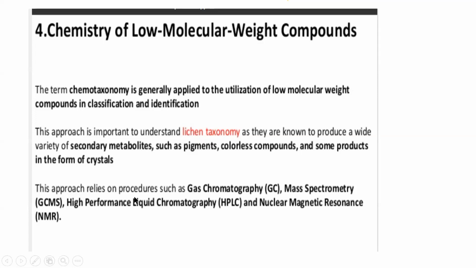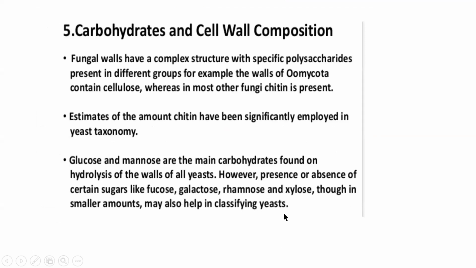You have different equipment for measuring the amount of chemical compounds, like gas chromatography, mass spectrometry, HPLC, high performance liquid chromatography, and NMR, nuclear magnetic resonance. Okay, all these are instruments which can measure the chemicals found in the fungal body.